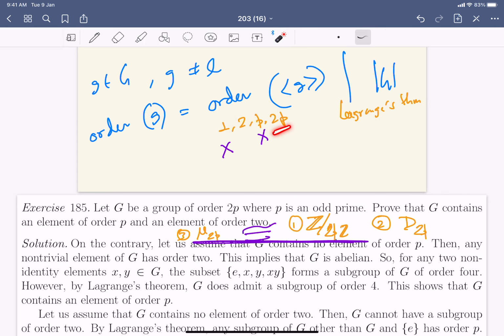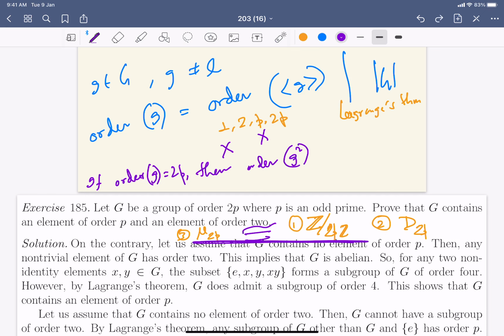But if G contains an element of order 2p, that is, if this element little g has order 2p, then one can show that the order of the element g squared is equal to p.